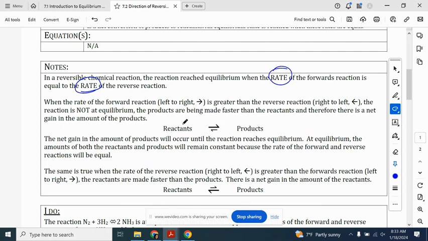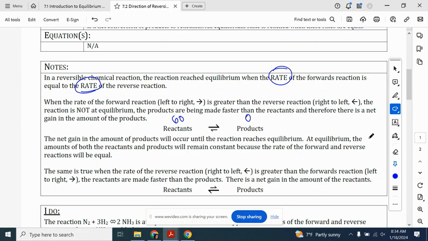When we first started out, you had 60 of these and 0 of these. We're going to be making more of these than of those, because we've got to keep going until we balance. The net gain in the amount of products will occur until the reaction reaches equilibrium. At equilibrium, both reactants and products remain constant.